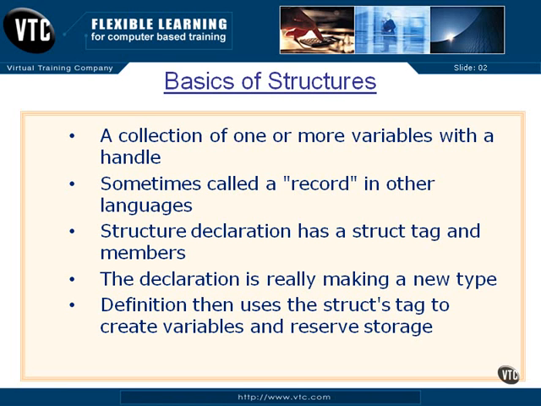If you're used to other programming languages, structs are sometimes called records, and in a database they're also called records. If you think of a row out of a database, that would very easily define a structure, and that would fit right into a struct.